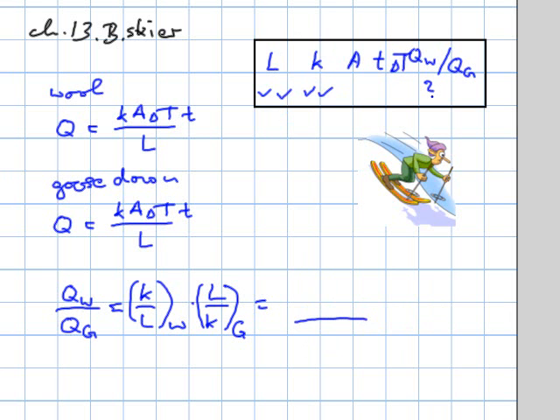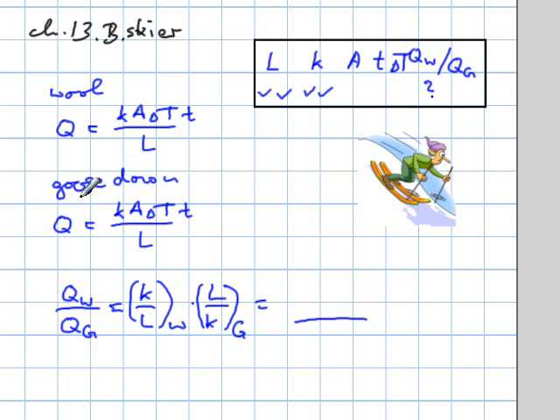I'm not going to calculate it because you can easily calculate it, but when I look at the numbers in the book, then the conductivity for wool is a little bit higher than that for goose down, so it's a little bit worse insulator than the goose down. And then the wool has a thickness that is less than that of the goose down. So taking those two numbers into account, the ratio here is going to be a number larger than 1, in the neighborhood of between 5 and 10, I guess.